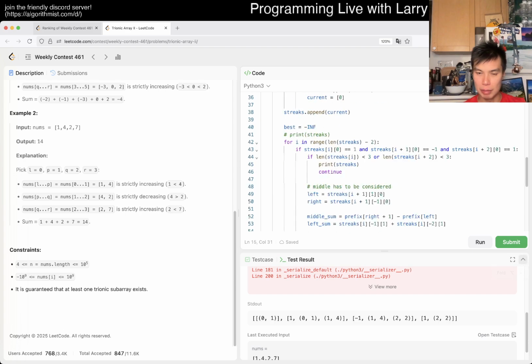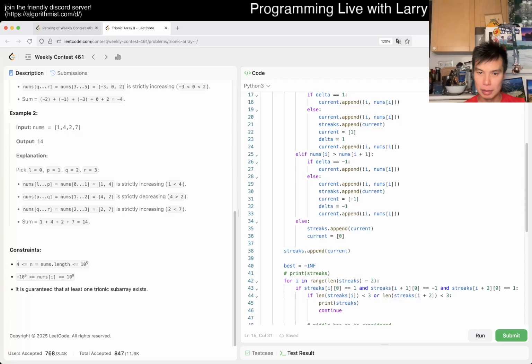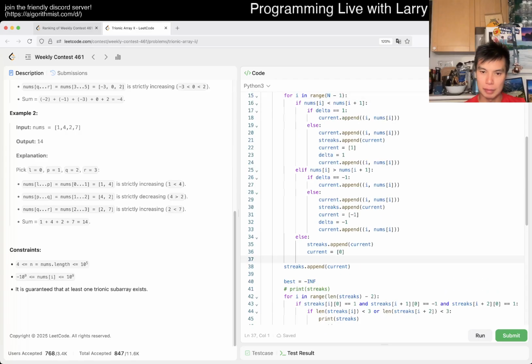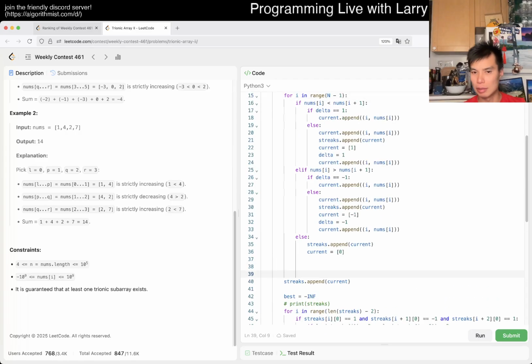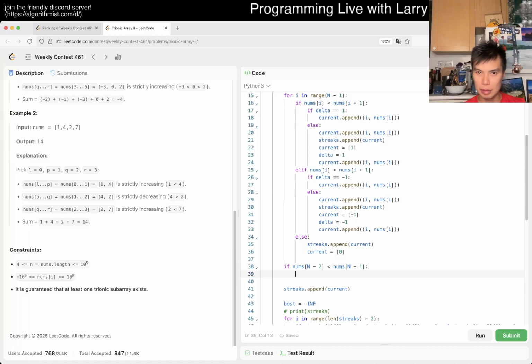I mean that's fixable. What am I doing with the last number? Okay. So then, yeah, I just didn't do the last number. That's fine. Okay. There's at least 4 numbers. Okay, so this should always exist. Okay, it's increasing.